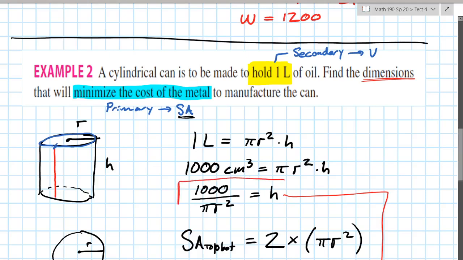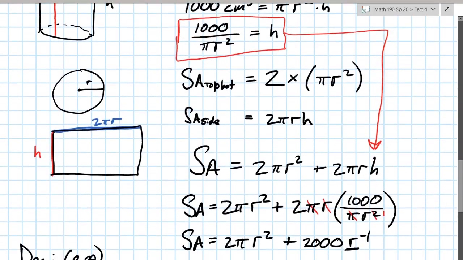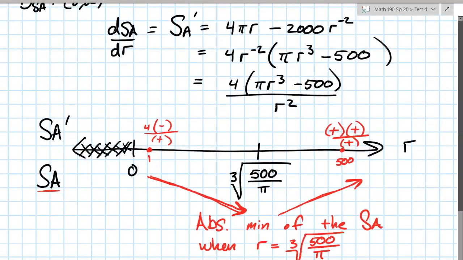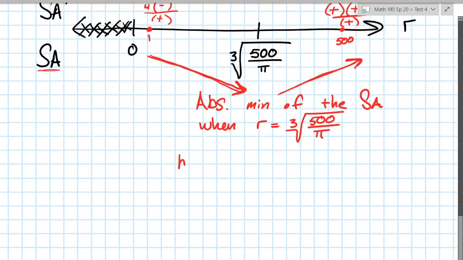So substituting our value for radius back into our height equation, right there, will give us the height of the can as well. If you work it all the way out, you would end up with something like 2 times the cube root of 500 over pi for the height.